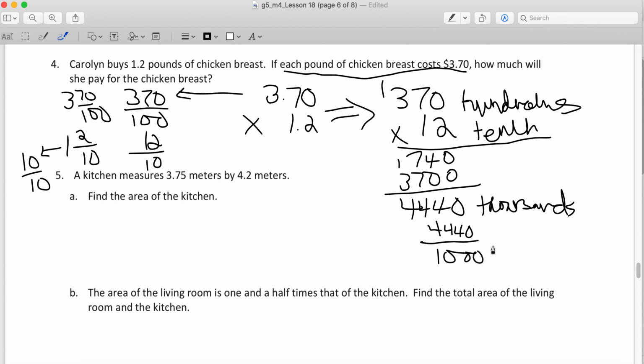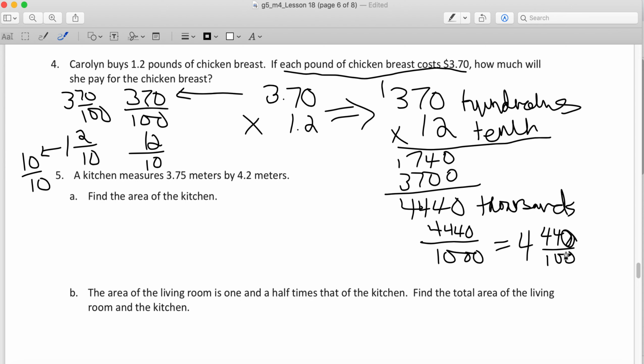And then ask yourself how many thousands are in 4,440. There are 4 of them. And then what's left? Careful. That's a 0, by the way.